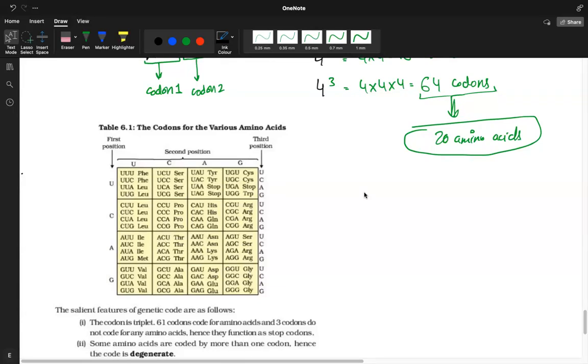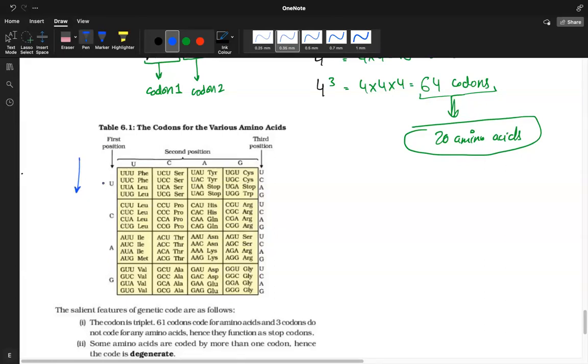I'm sure that you all understand what this figure is, right? Okay, let's see. This table tells you about the codons that code for various amino acids. On this axis, there is the first position.